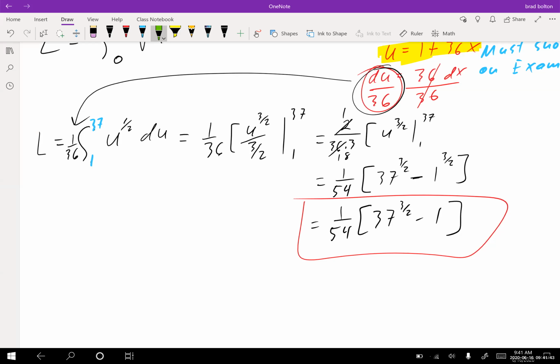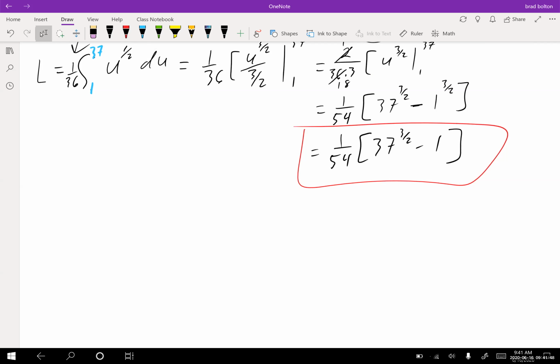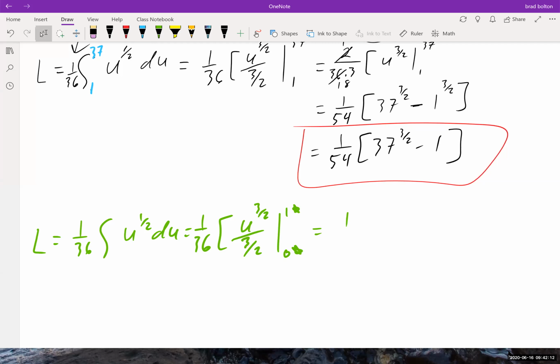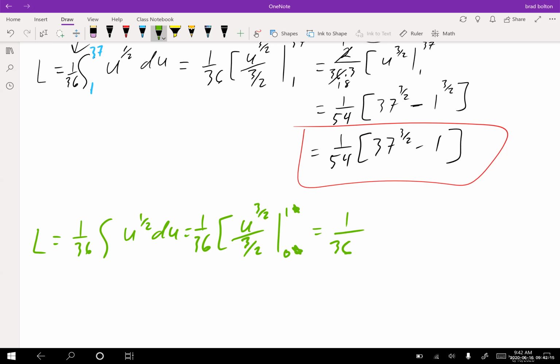If you don't like this method, let's say you don't want to change u, then you would have just had L equals 1 over 36, the integral of u to the 1/2 du. That would have equaled 1 over 36 u to the 3/2 divided by 3/2 from 0 to 1, but you can't use those limits yet because those are for x's. So I can take that 2/3 out just like before, so this will be 1 over 54.